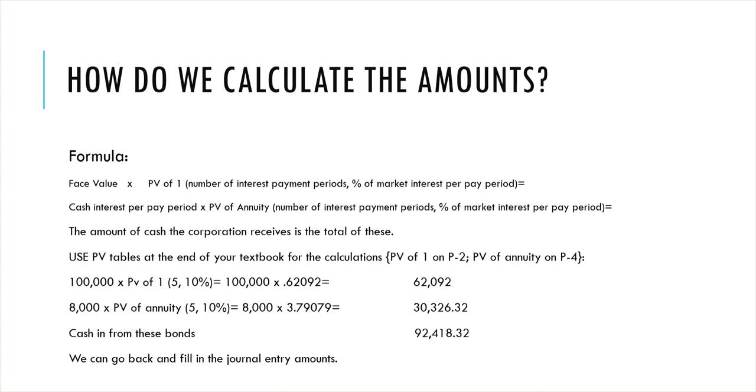Now this problem has us with $100,000. That's the face value of a bond or the maturity value of a note. And we have a market rate of 10%, and we have a stated rate of 8%, and we have a term of 5 years. Okay?